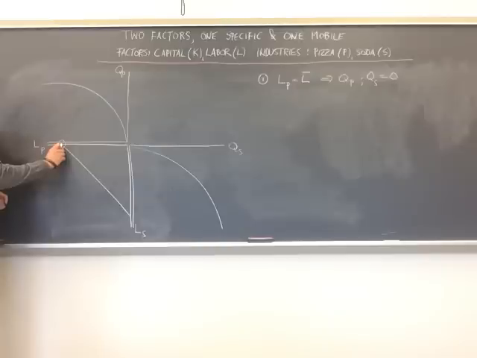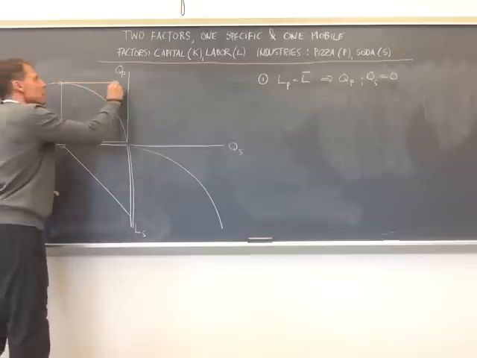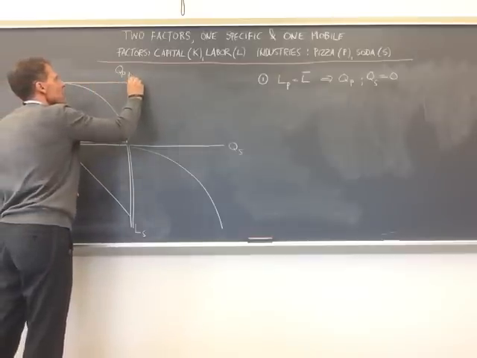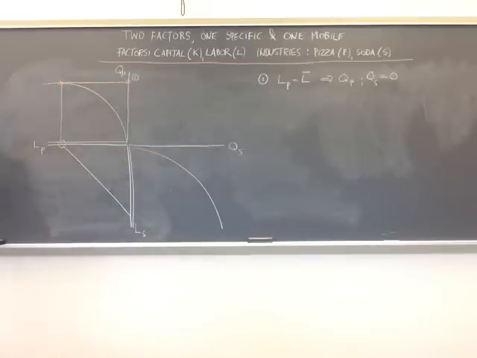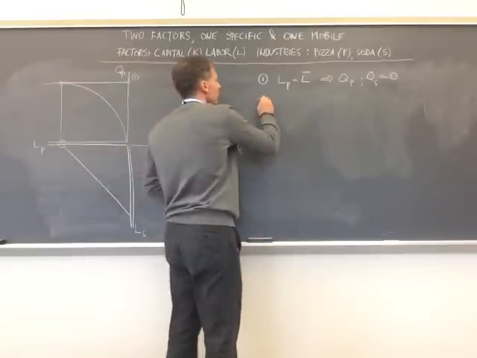If you want to figure out how many units of pizza is being produced, you go up to the production function, and then you go right over here to read off what the production possibility is if all the workers are in the pizza industry. Let's call that point number one.